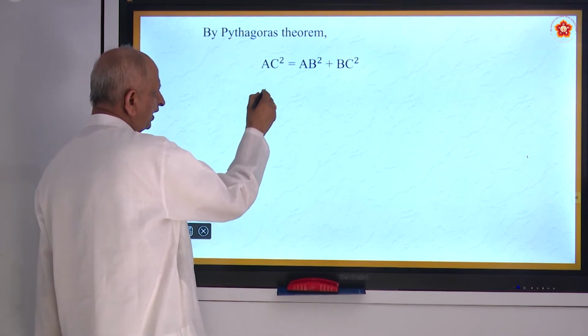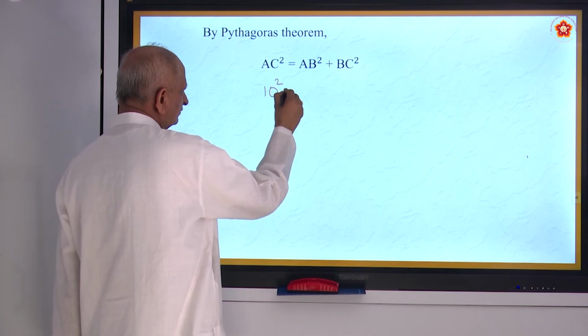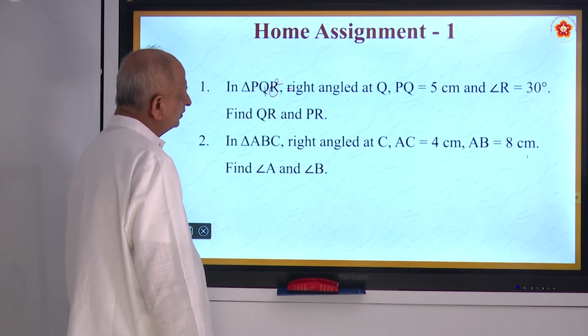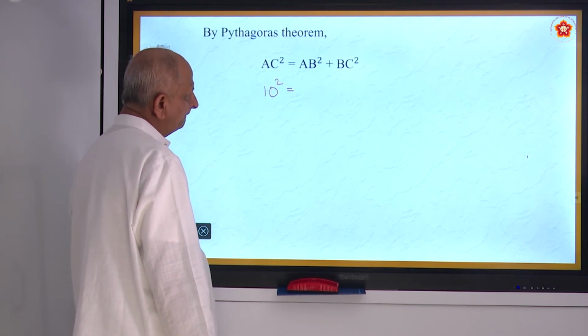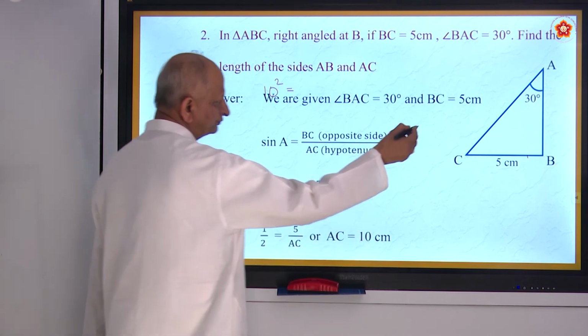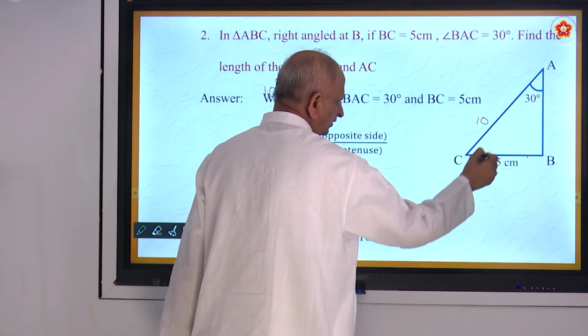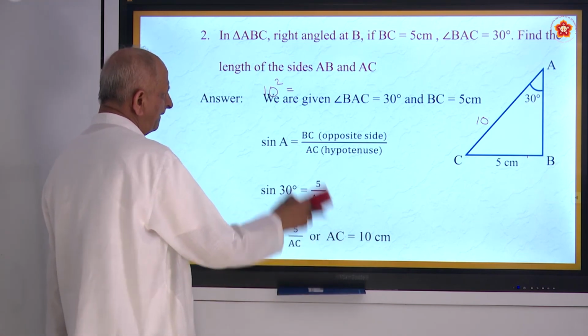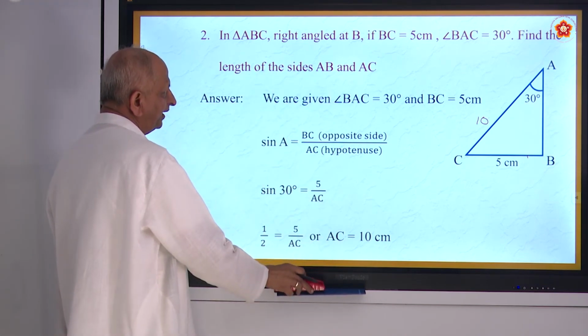And AC is how much? 10 square. I think you remember what you have done. So in the previous problem, see here, you got AC 10, this is 10 and BC as 5. You have to use that in the problem given.